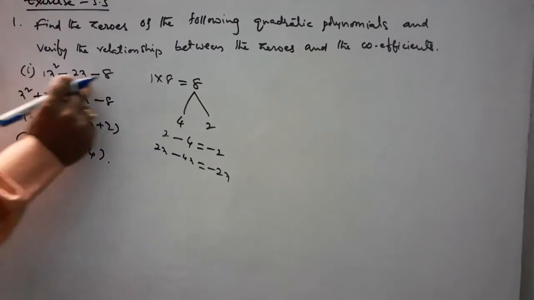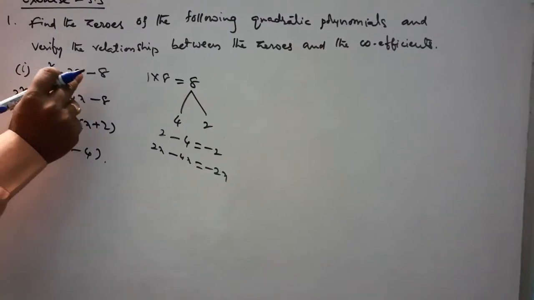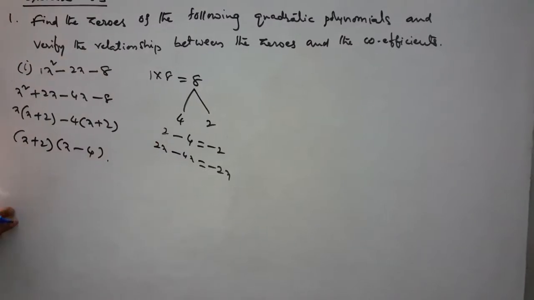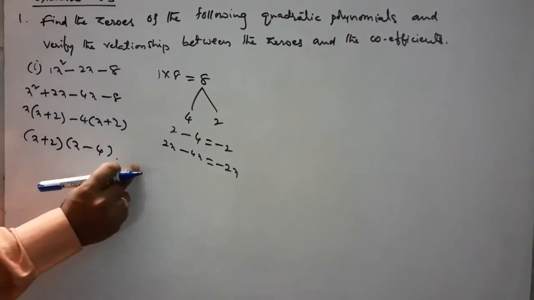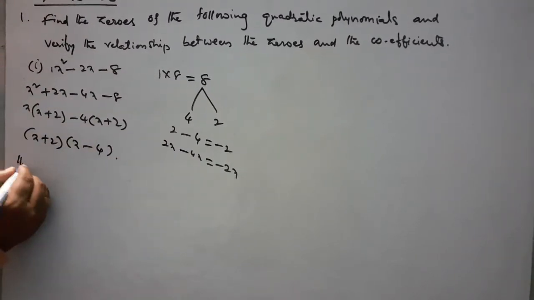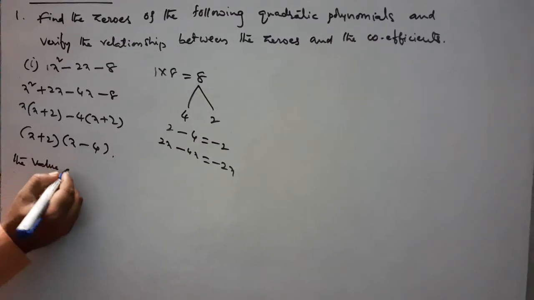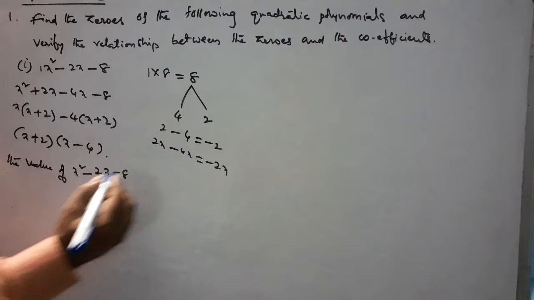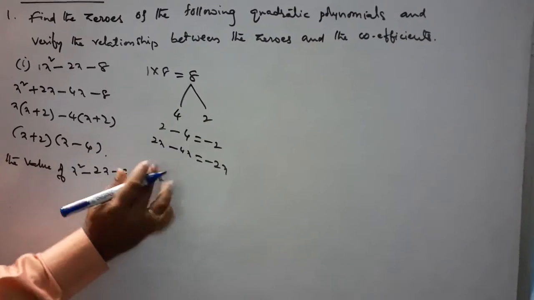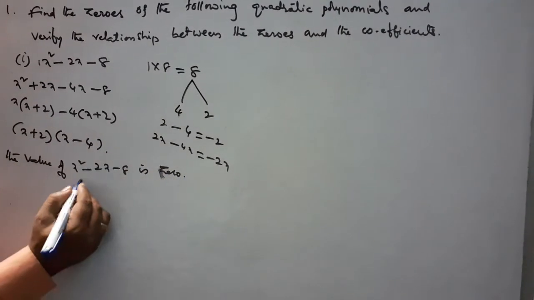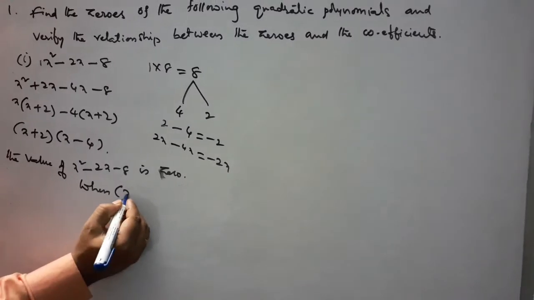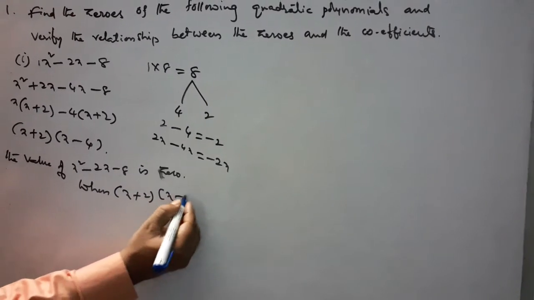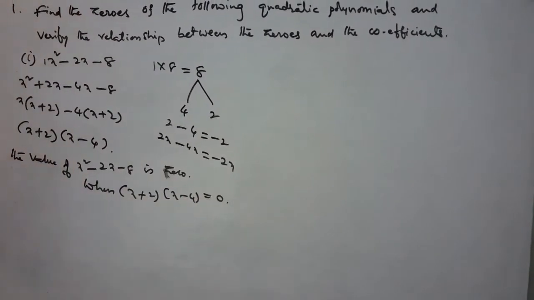Here the value of this x square minus 2x minus 8 becomes 0 when x plus 2 into x minus 4 is equal to 0.